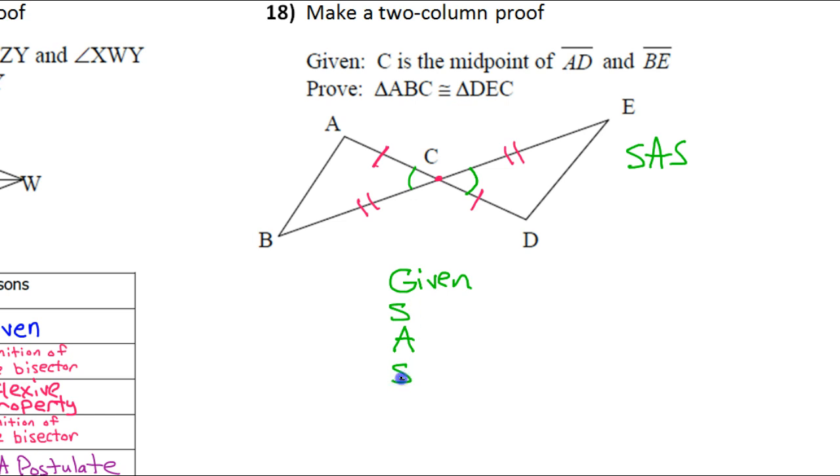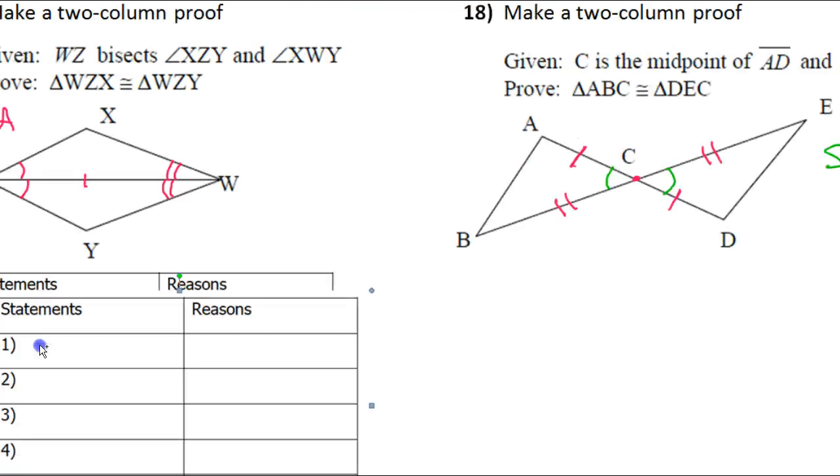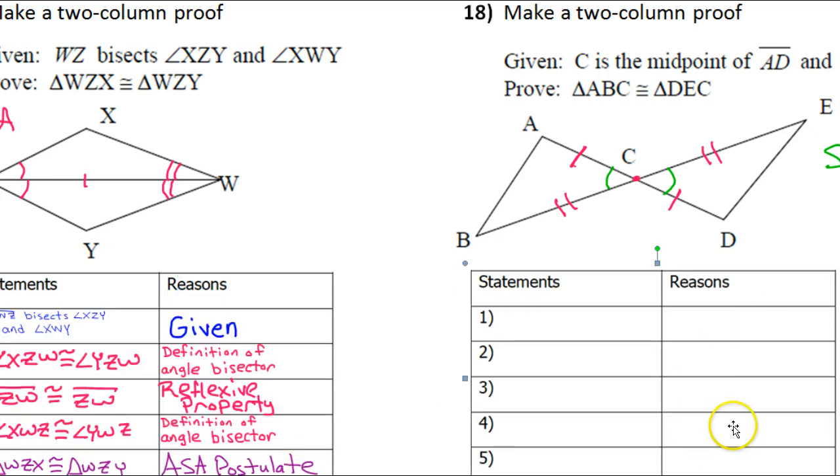And once I've done that, then I can go ahead and say that the triangles are congruent. Okay, so that's going to take 1, 2, 3, 4, 5 steps. So it's going to be almost like the proof that we just did in number 17. In fact, I think I'll just copy and paste the little table here to help me out.